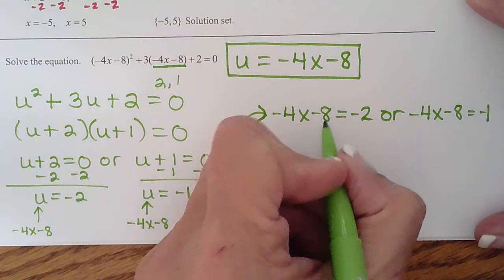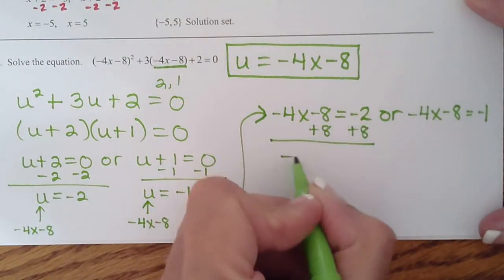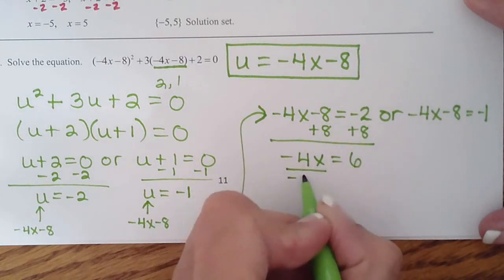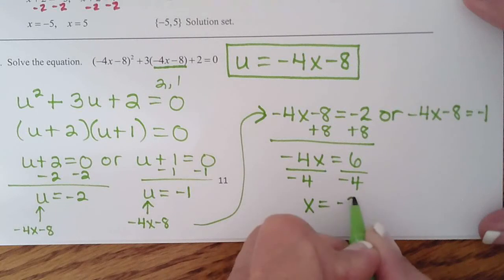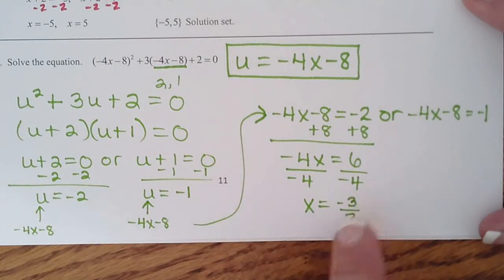Solve those two. Add 8, negative 4x equals 8 minus 2, 6. Divide by negative 4, divide by negative 4. X equals negative 3 halves.